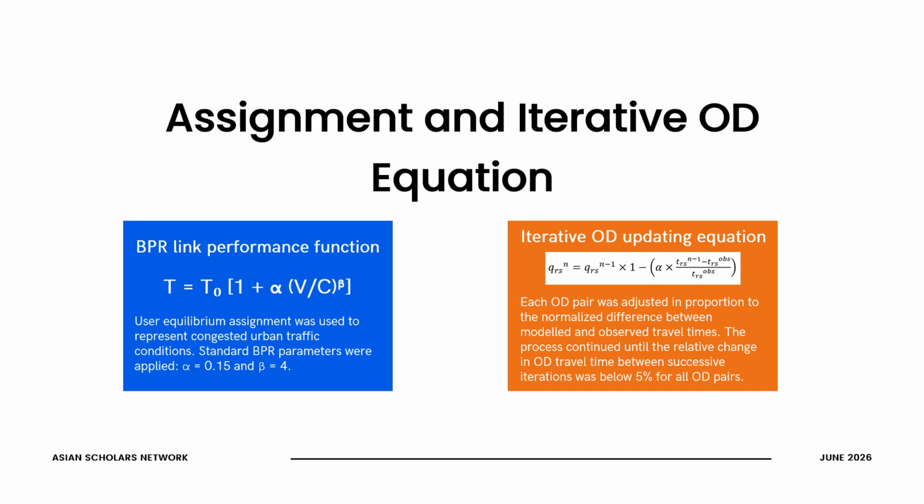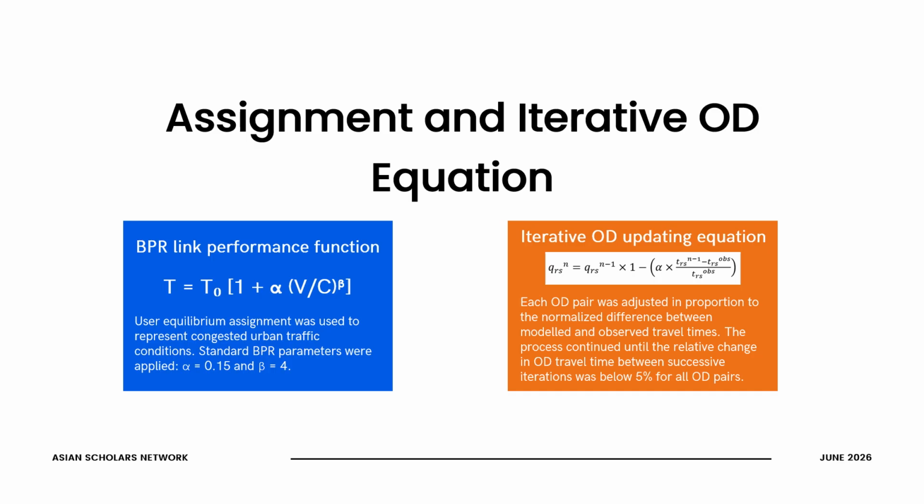For traffic assignment, the study used user equilibrium to represent congested urban traffic conditions. Link travel time is represented by the BPR, or Bureau of Public Roads, function using standard parameter values of alpha equals 0.15 and beta equals 4.